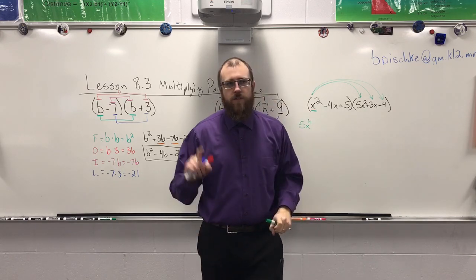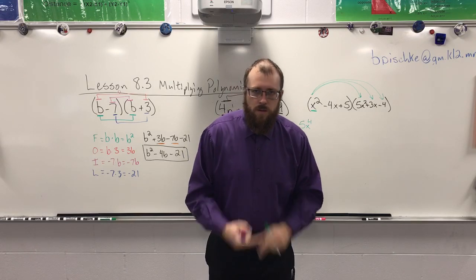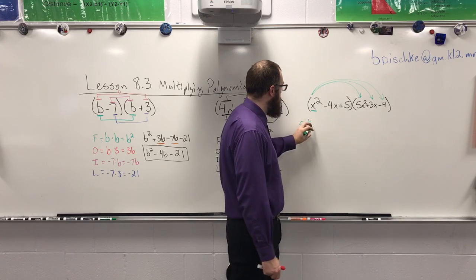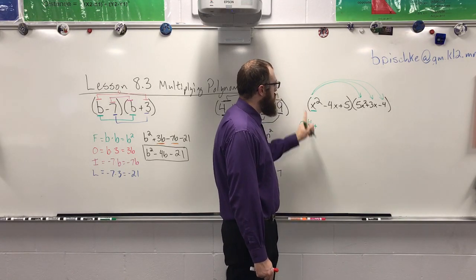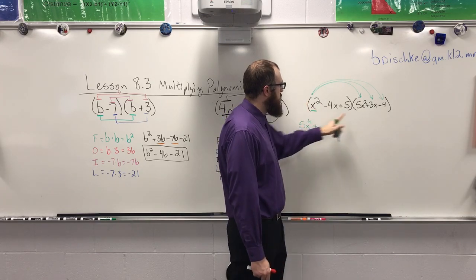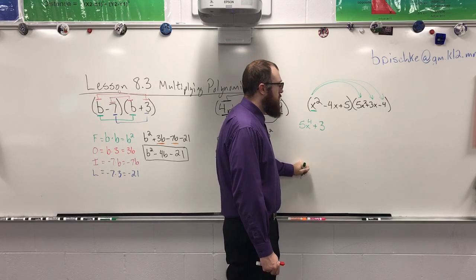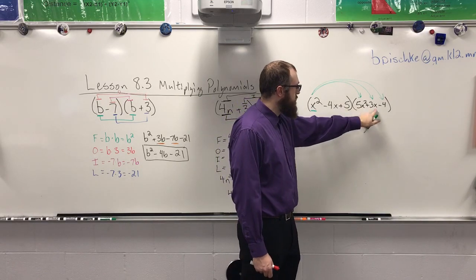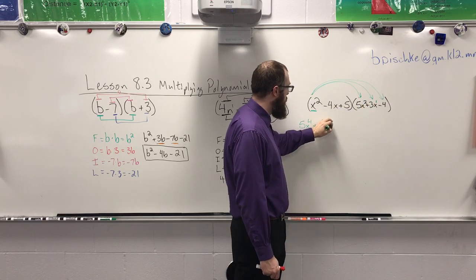Remember, coefficient times coefficient, add the powers. x squared times 3x. Coefficient times coefficient. 1 times 3 is 3. Variable times variable. x squared times x to the first is x to the third.